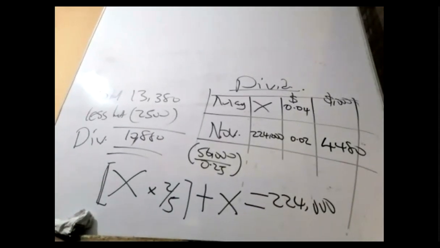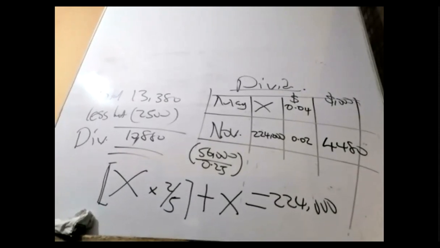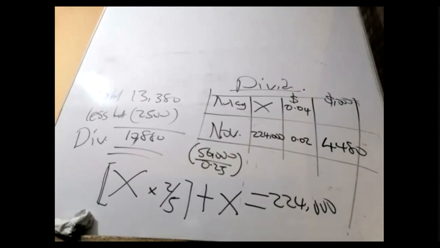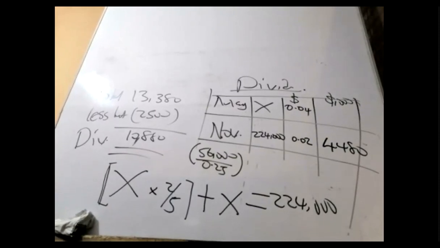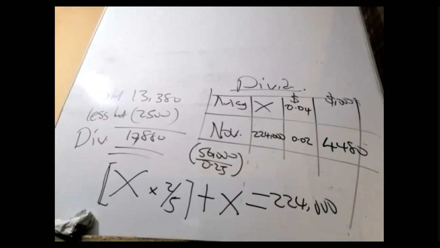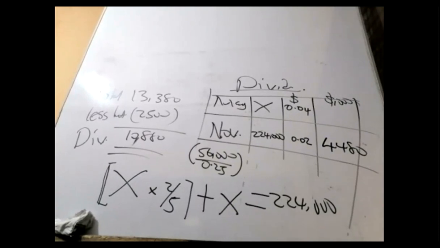You can just use your calculator to do this. And when you are done, I will give you a shortcut. This is a long approach; I'll give you a shortcut to solve for this.